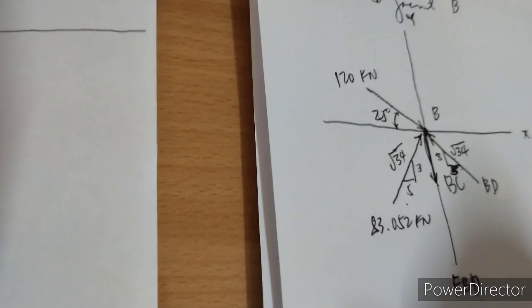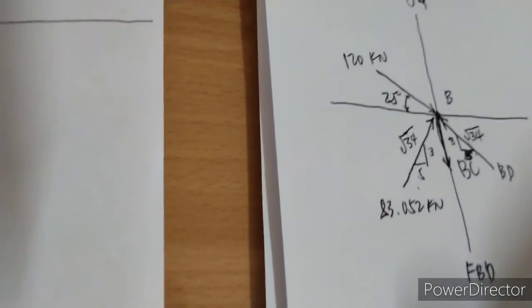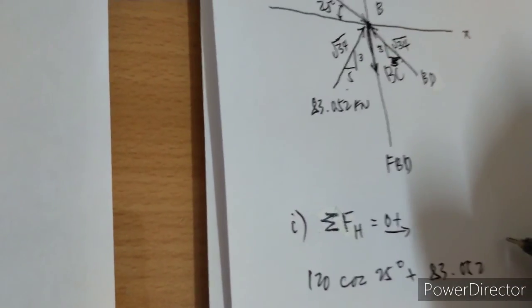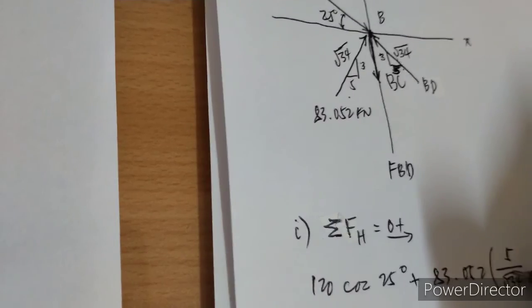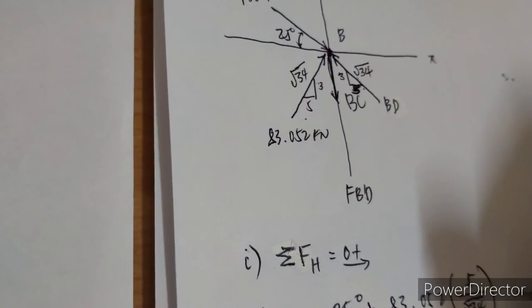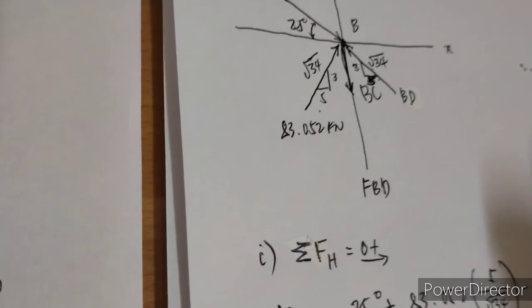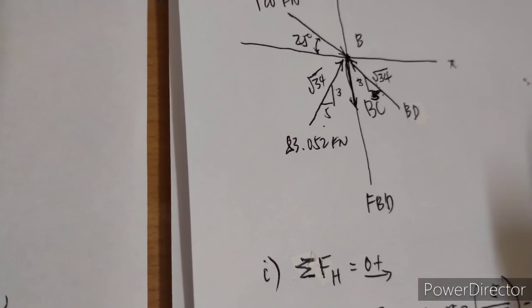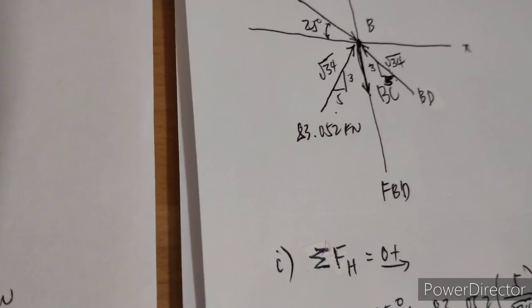So 120 cosine of 25 degrees, because that's the horizontal component of 120, plus 83.052, then we need the horizontal component, 5 over square root of 34, minus BD going to the left times the horizontal component of BD, that is 5 over square root of 34, is equal to 0.